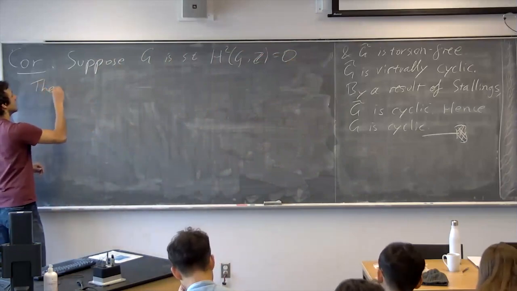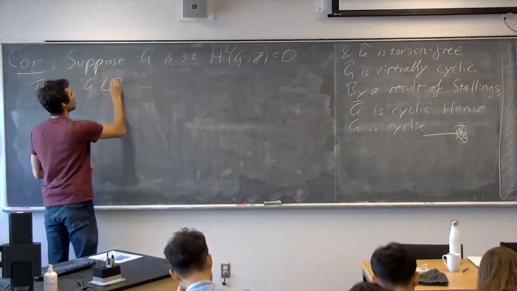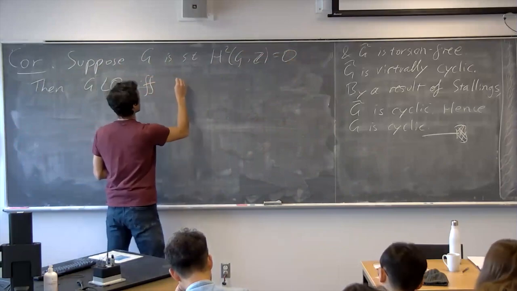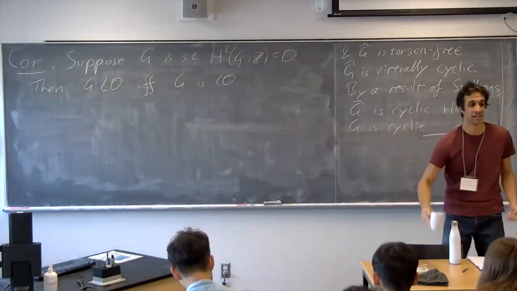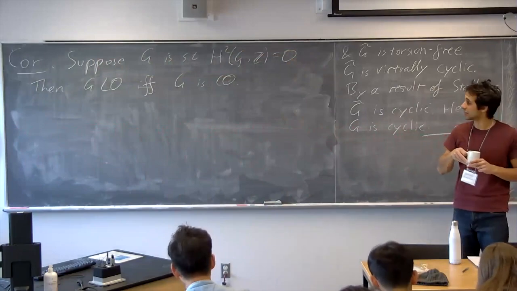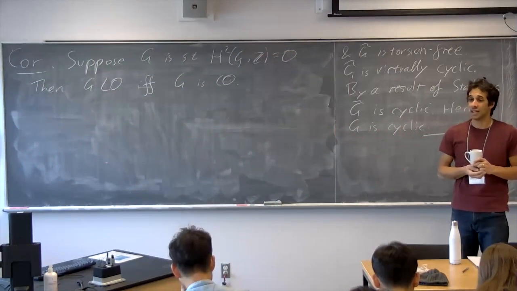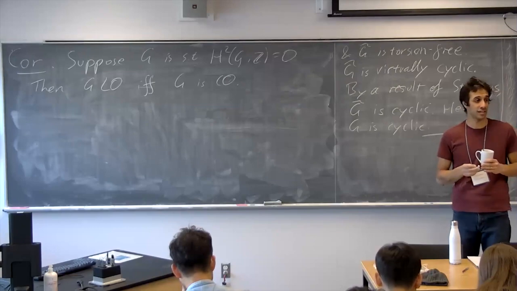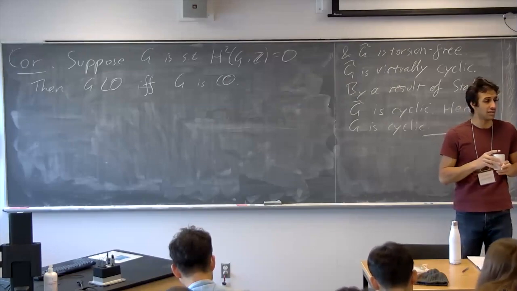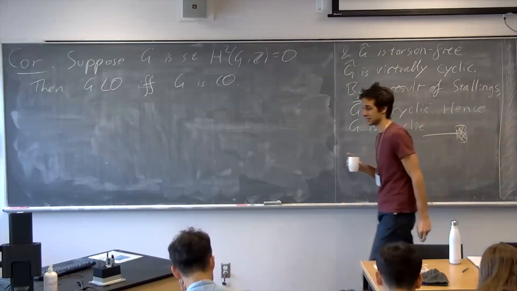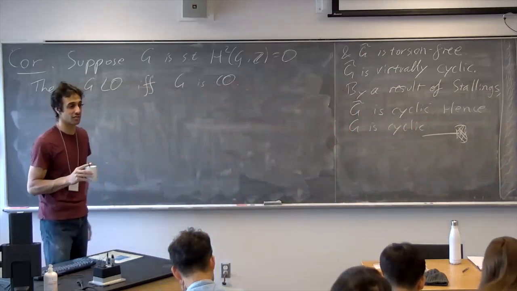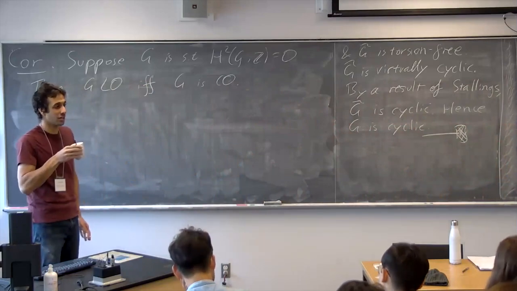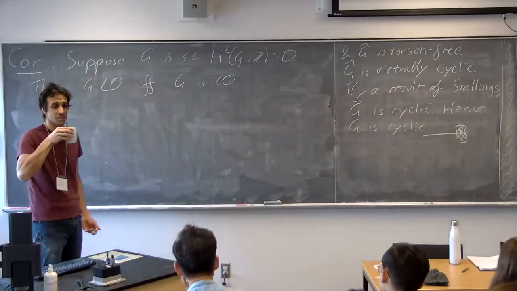Then G is LO if and only if G is CO. Cool, eh? So in particular, you might have an integer homology 3-sphere. And then if you can show that pi1 of that X is circularly orderable, you immediately have it's left orderable. If you're interested in showing that 3-manifold groups are left orderable, some big conjecture or something.